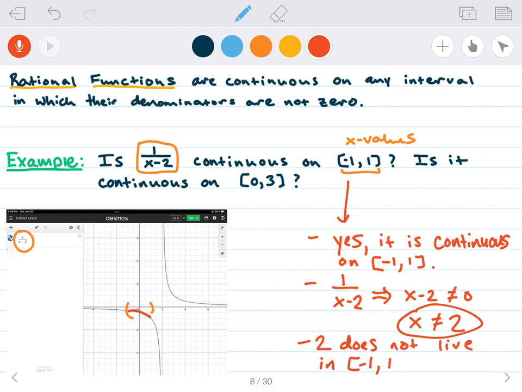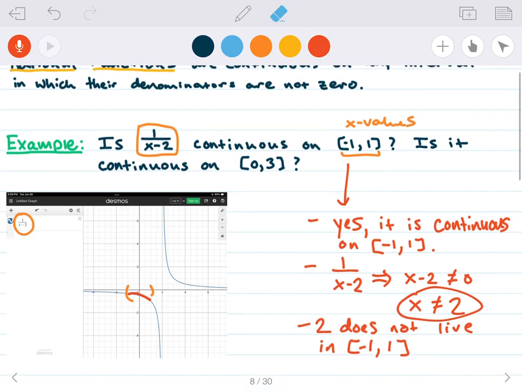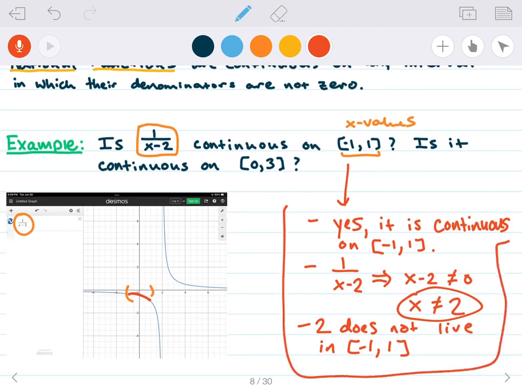It's actually outside of -1 to 1. It's right here. So that's one way of looking at it, algebraically or graphically. So that's the first one. It is continuous on that interval because that interval does not include 2.